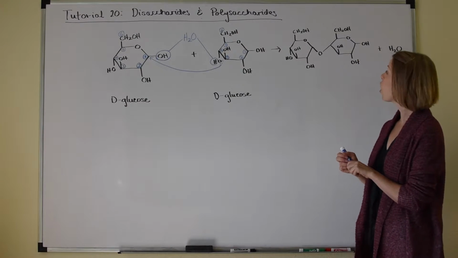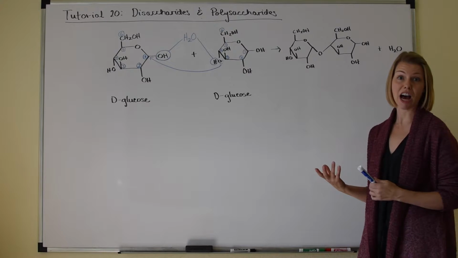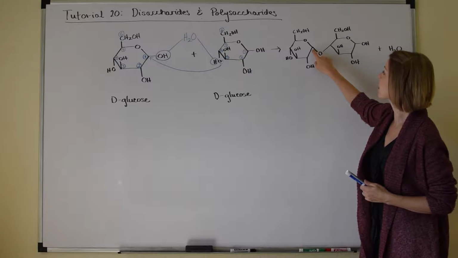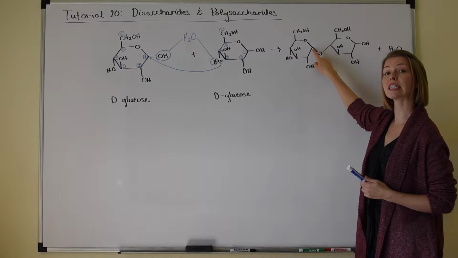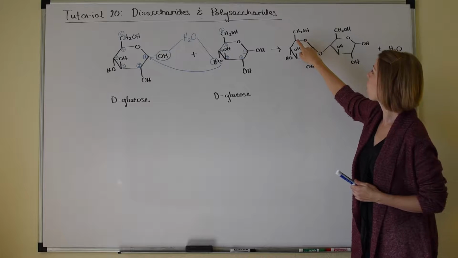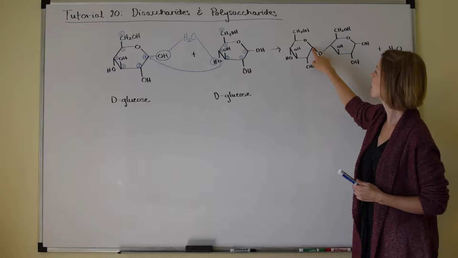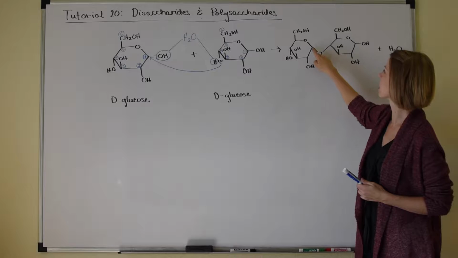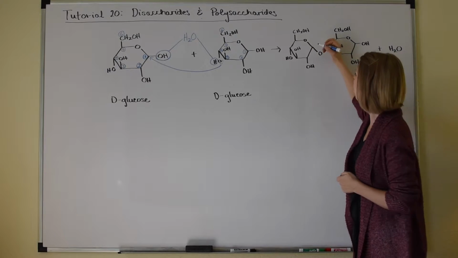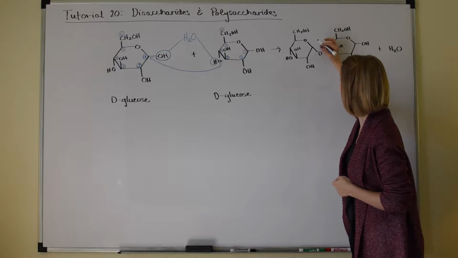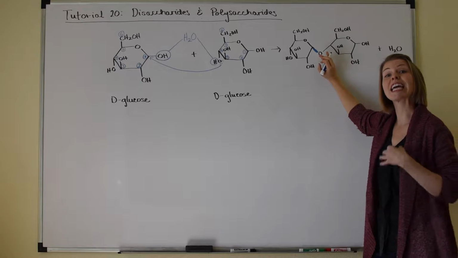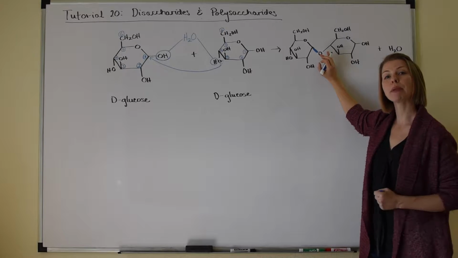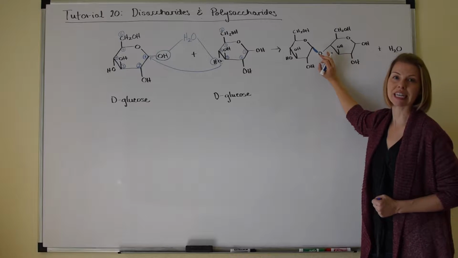All right, so where is our acetal? So here is the hemiacetal carbon, what was the hemiacetal carbon that reacted, and now notice that it's connected to an OR group here and an OR here. And so this is our new, I'll highlight it here, this is our new acetal linkage. Now the acetal linkage in a sugar is more commonly referred to as a glycosidic bond.